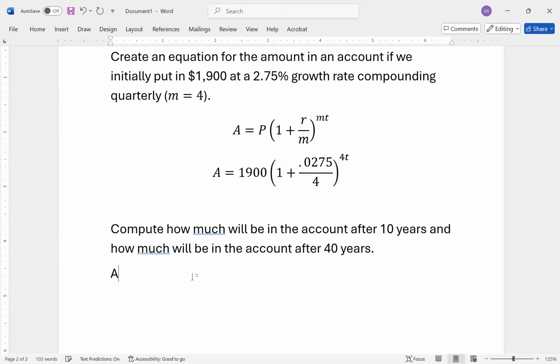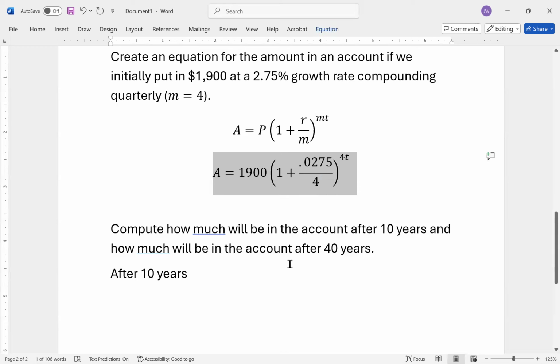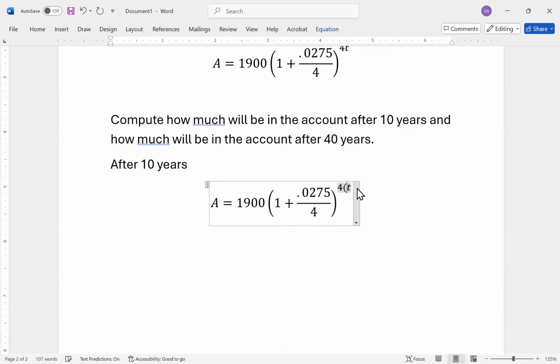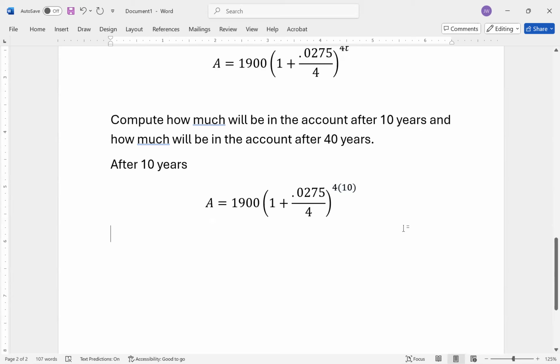Now, after 10 years, all we do is replace the t with the number 10. So after 10 years, we'd have 4 multiplied times 10 as my exponent. And I can calculate that on my calculator. I just plug that in.